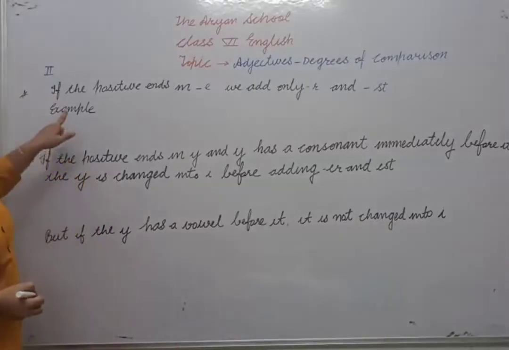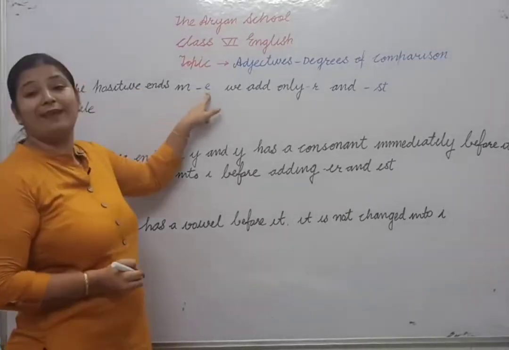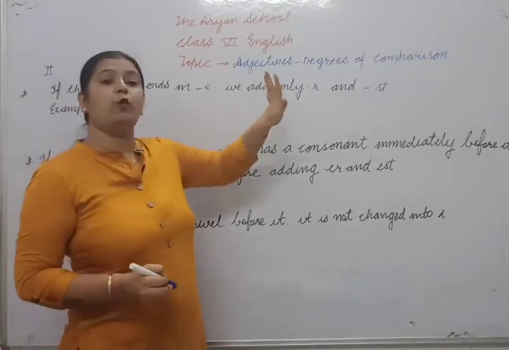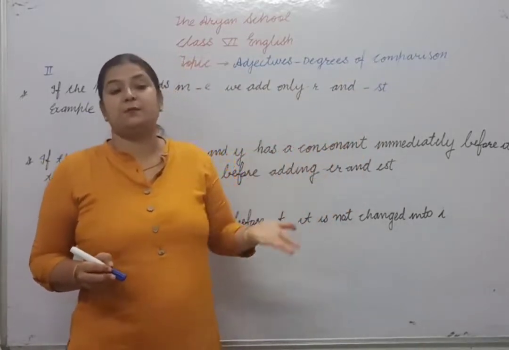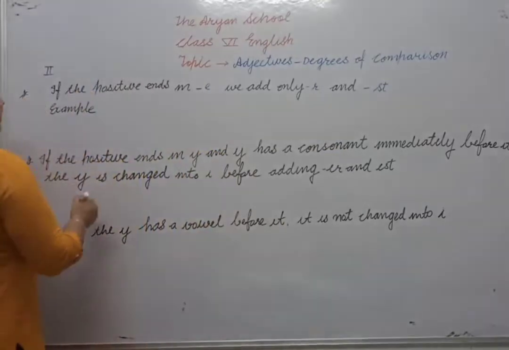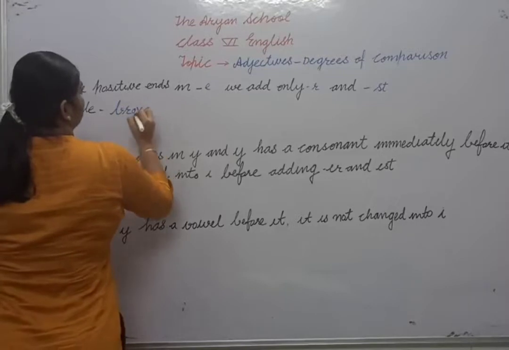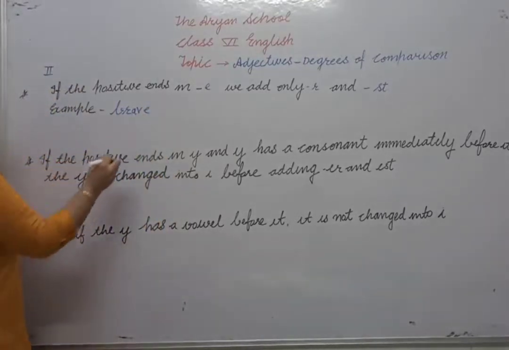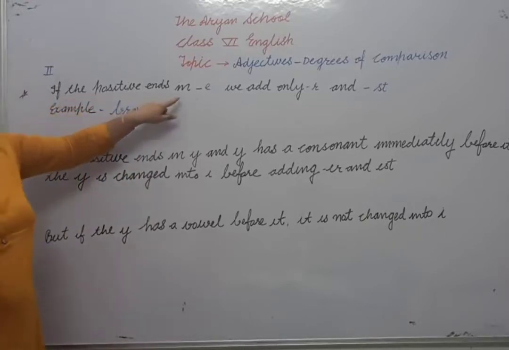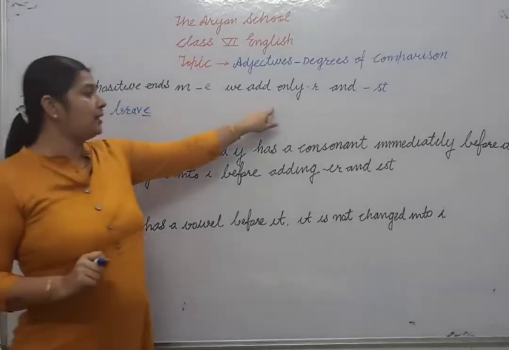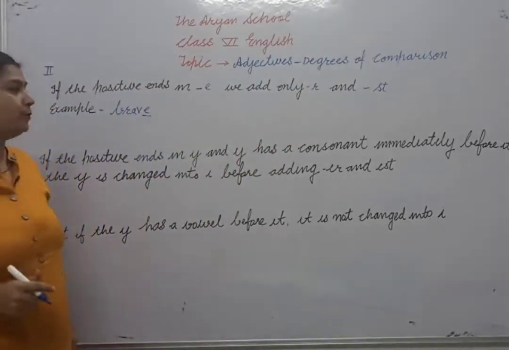Now see the second rule. If the positive degree ends with the letter E, we add only R and ST in comparative and superlative degrees respectively. How? For example, if I say brave, now you can see very clearly Brave's last letter is E. What I have told you, if the positive ends in E, we add only R and ST in comparative and superlative degree.